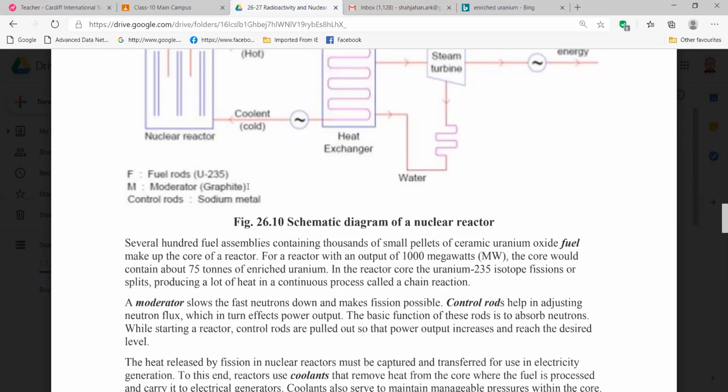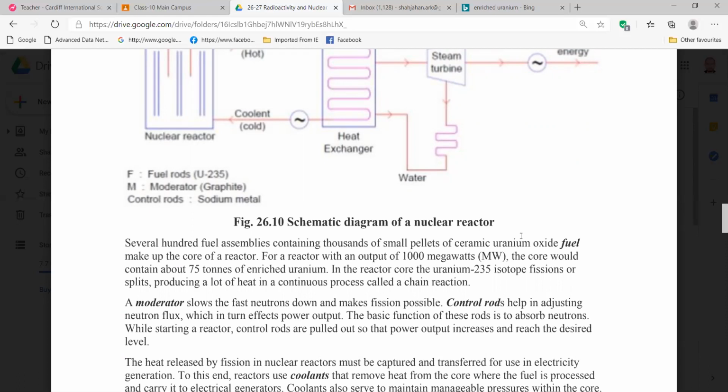Okay, wait. Here we got some terms. I just give you some idea. They use enriched uranium and pellets here. They are using pellets of ceramic uranium oxide, which means not completely uranium, but a mixture.